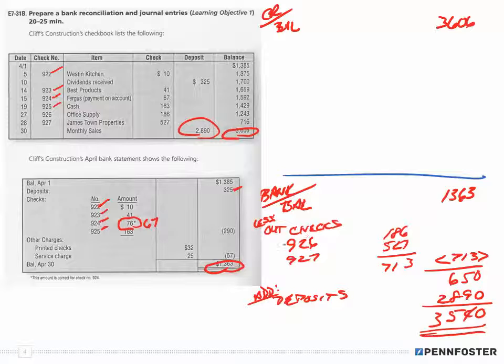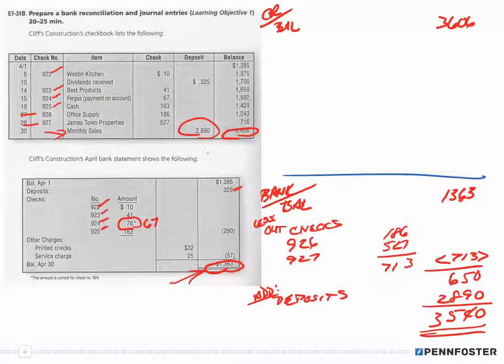So I determined that I didn't see check number 926, check number 927, or the deposit for $2,890 for the monthly sales. So I have to take my ending balance from my bank statement and subtract out those checks, because that would have been money coming out of my account. And then I have to add in the deposit, because that would have been money going into my account. So my final balance ends up being $3,540.